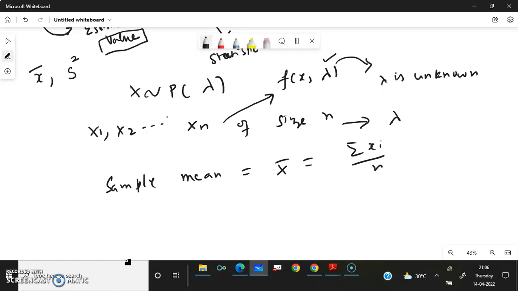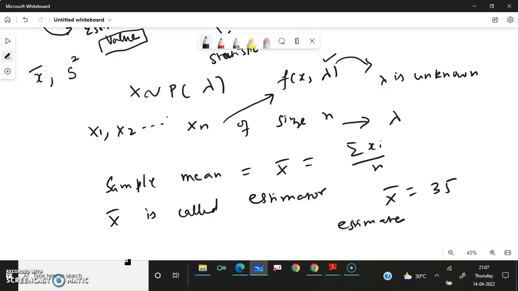Then x bar is called the estimator. And any particular value of this is the estimate. For example, suppose my x bar equals 35, this is known as the estimate.